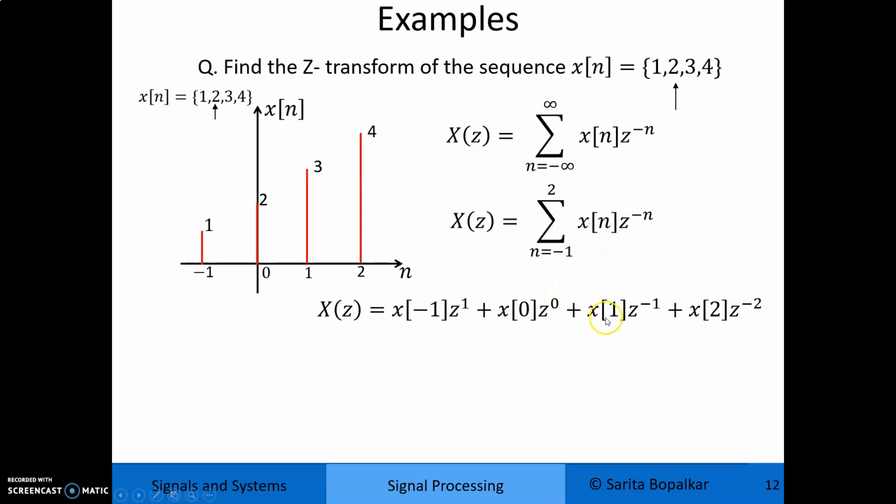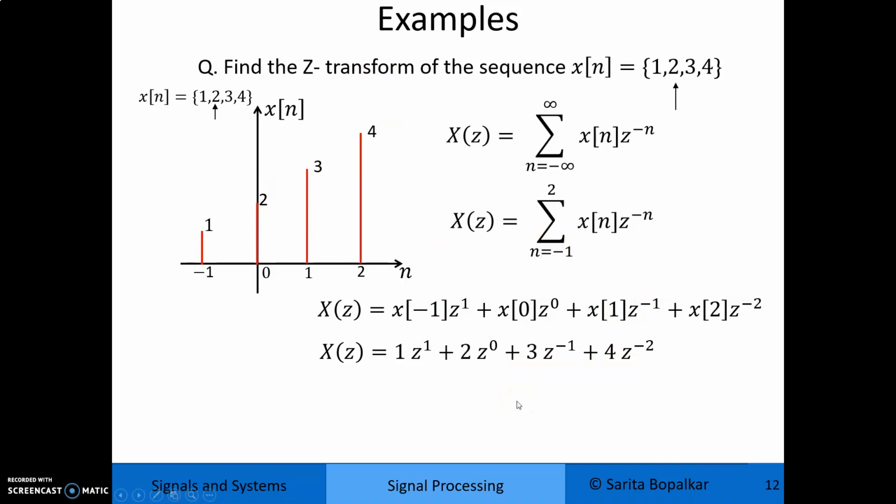N is equal to 1, x of 1, z raised to -1. And n is equal to 2, x of 2, z raised to -2. Now put the value of x of -1 is 1, x of 0 is 2, x of 1 is 3 and x of 2 is 4.